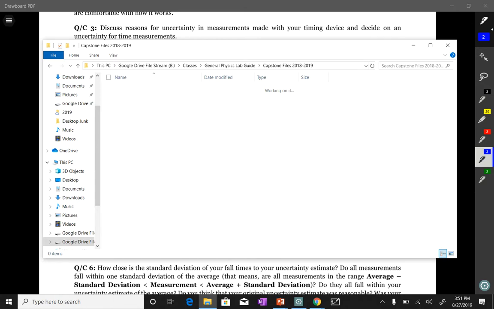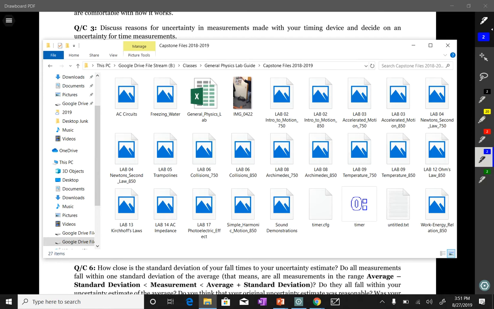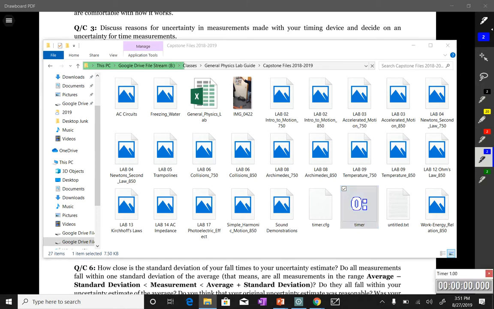Come on, it should be in this folder. That worked well. Okay, there we go. So it's an app called Timer. If you run that app, see this little timer that came up down there at the bottom? That's the timer that we have for you. You just go to the folder that says Physics 151, start the timer.